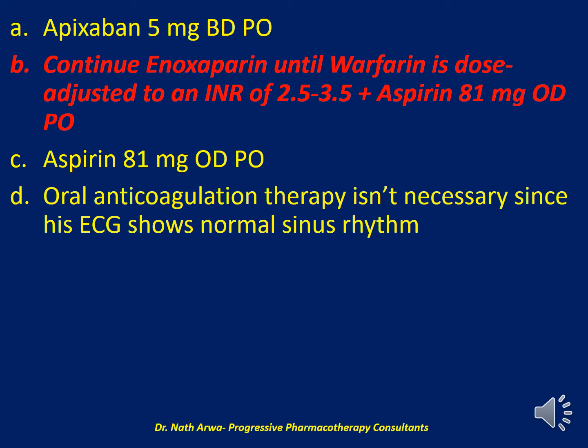It is appropriate, however, after an aortic bioprosthetic heart valve replacement due to the lower risk of thromboembolism in such cases than with mechanical heart valves. Now, DOACs such as apixaban aren't approved for stroke prevention in the setting of mechanical heart valve replacement.